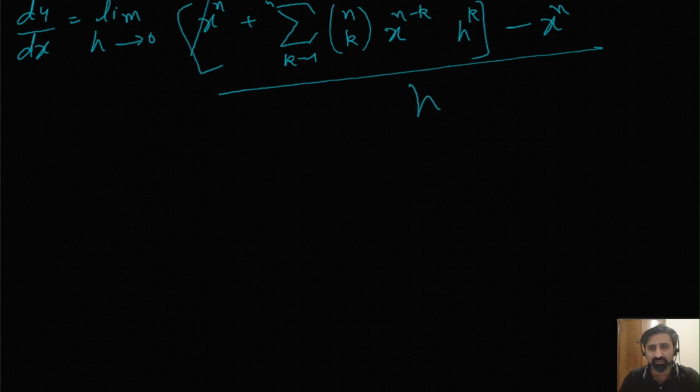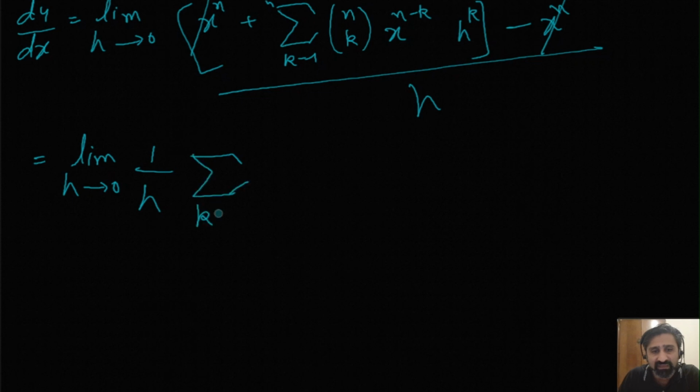ಸೊ ಈ x to the power of n, ಈ x to the power of n ಕಿತ್ಕೊಂಡು ಹೋಯ್ತು. ಸೊ ಇಲ್ಲಿ ಮತ್ತೆ ನಮಗೆ ಸಿಂಪ್ಲಿಫೈ ಆಗೋಯ್ತು ಪ್ರಾಬ್ಲಮ್ಮು. ಇಲ್ಲಿ ಲಿಮಿಟ್ h tends to 0, 1 by h multiplied by summation k is equals to 1 to n, x to the power n minus k, and you then have h to the power of k.